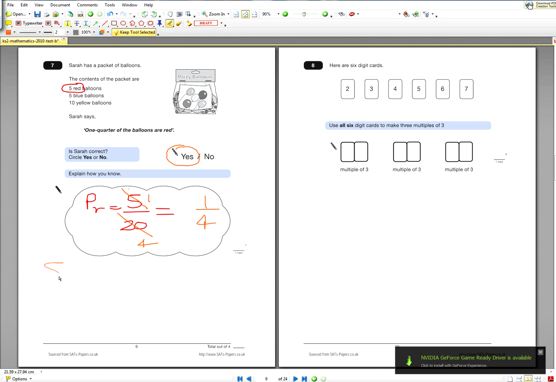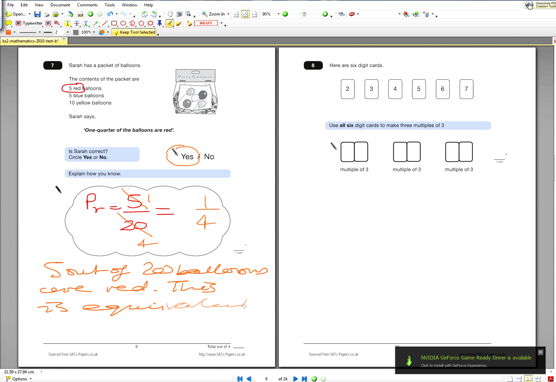So we can say 5 out of 20 balloons are red, which is equivalent to 1/4. So you can see from the working out, there's a full working out here.